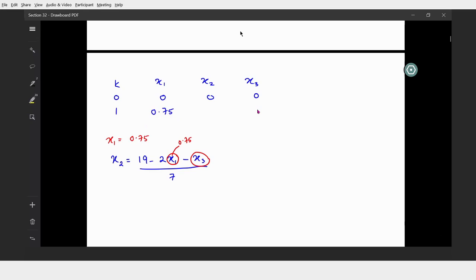This one is still 0. That's why in terms of notation, this is K plus 1 and this is still K in Gauss-Seidel. That's the difference between Gauss-Seidel and Jacobi.